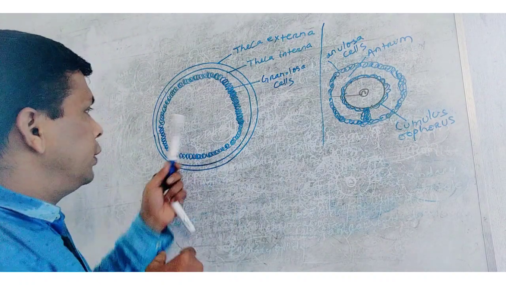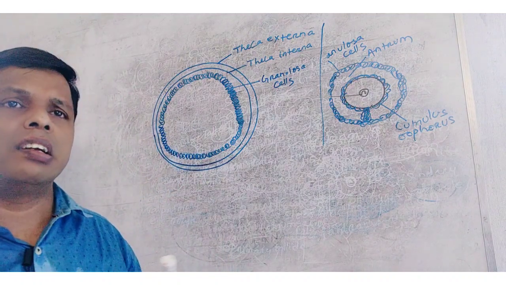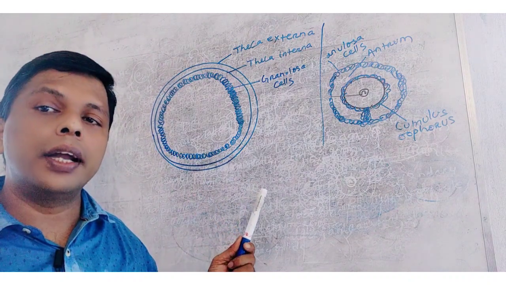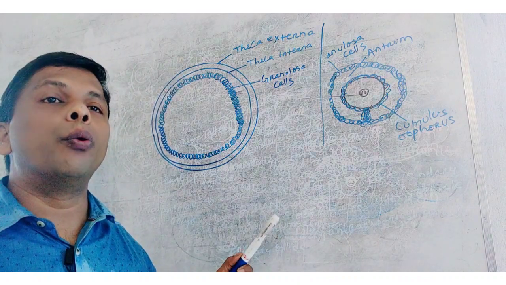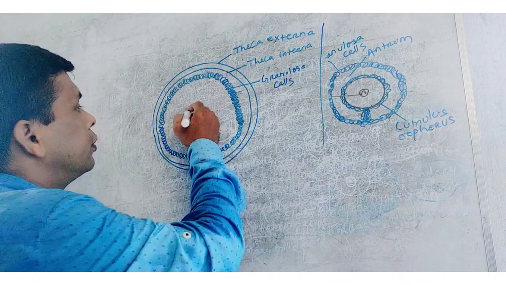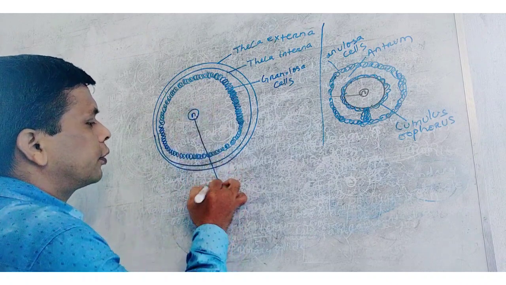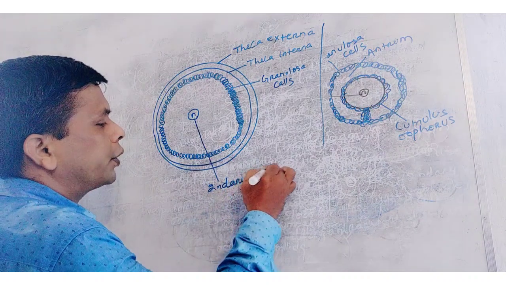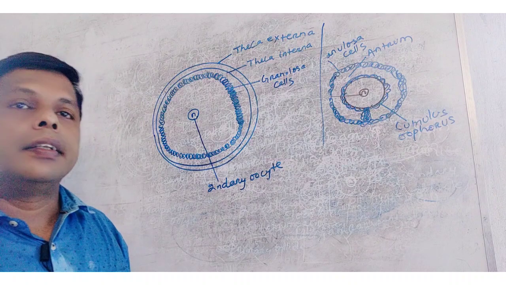Below the granulosa cells, there is the secondary oocyte, not the ovum, the secondary oocyte along with accessory cells.